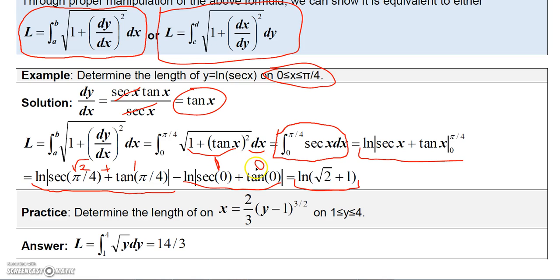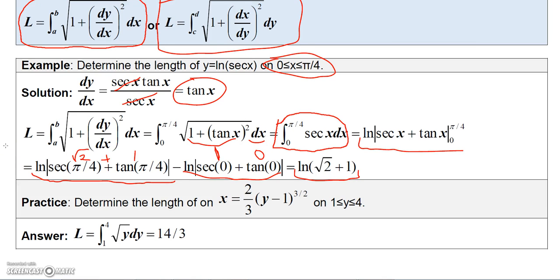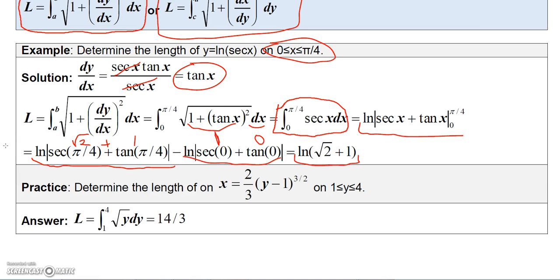So 1 plus 0 is 1, and this would be the natural log of 1, and the natural log of 1 is 0. So there's nothing to subtract from this term. You just get the natural log of the square root of 2 plus 1. I can eliminate the absolute value because I know the square root of 2 plus 1 is a positive number. Okay, so that pretty much ends this section on finding curve lengths.